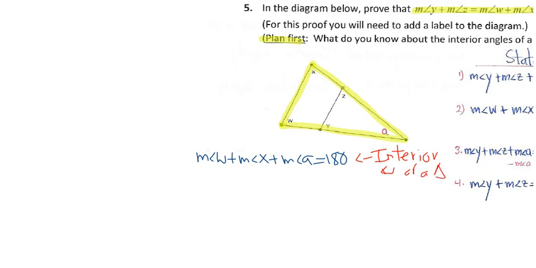Okay, so that's the equation that we have for the big triangle. But we also have a small triangle, which I'm going to highlight right now. So we write now the equation for the small triangle, which is the measure of angle Y plus the measure of angle Z plus the measure of angle A is equal to 180, and that would be for the same reason as the previous one.